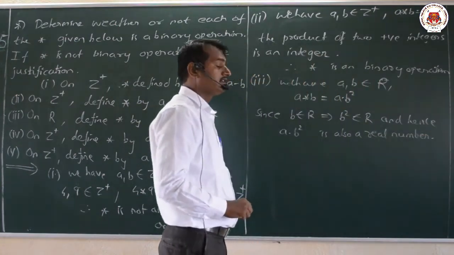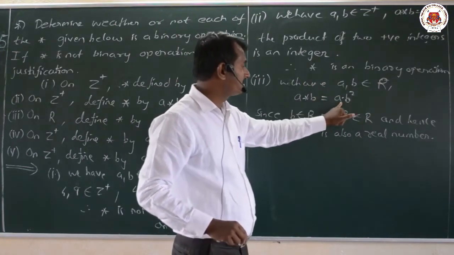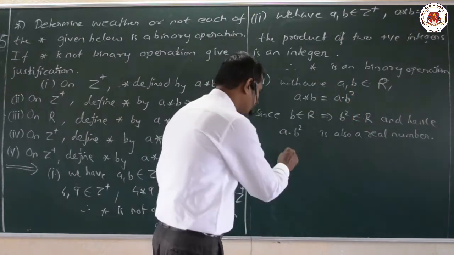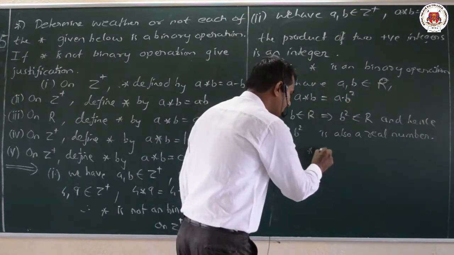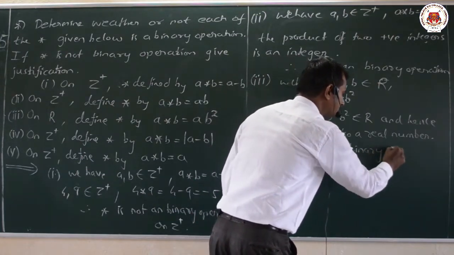So that means, since a and b both are real numbers, the product a into b square is also a real number. Therefore star is a binary operation.